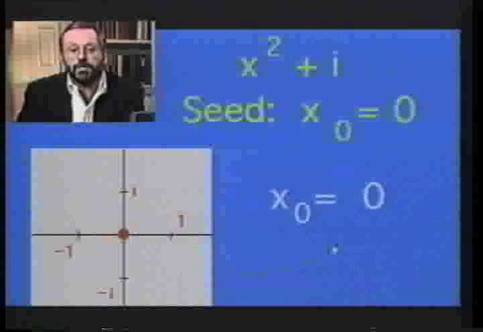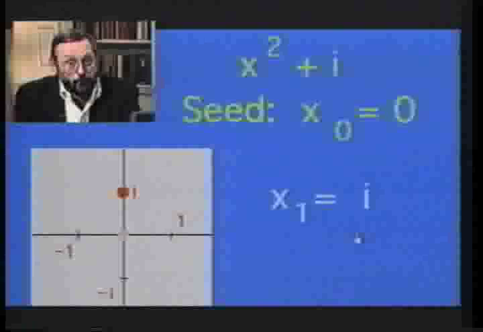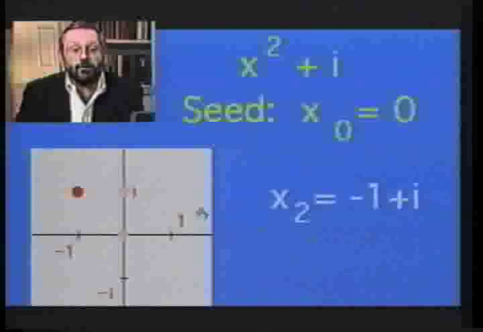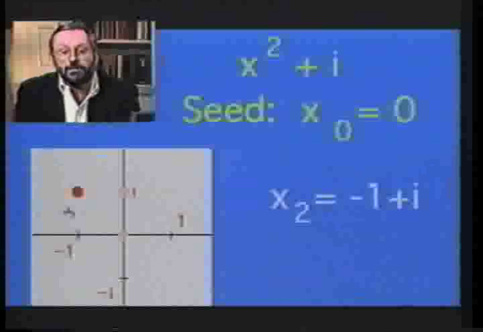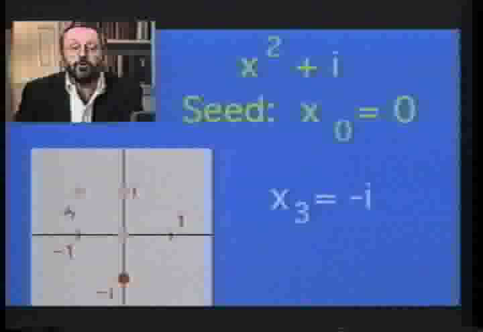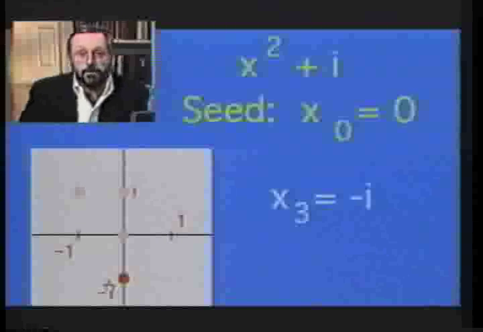So we start with 0, throw 0 into x squared plus i, we get i. Then i squared plus i is negative 1 plus i, and there's negative 1 plus i in the complex plane. Square negative 1 plus i and add i, turns out you get negative i. So there's the next point on the orbit.